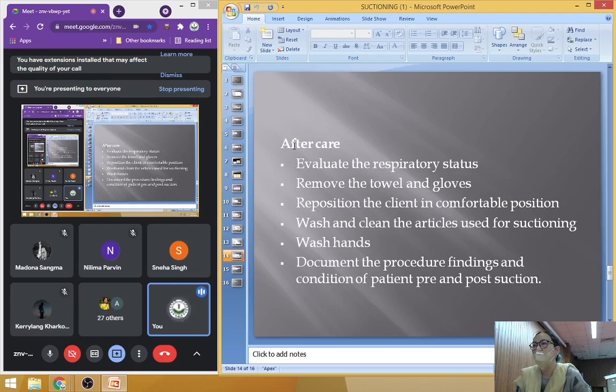Then after care, evaluate the respiratory status, remove the towel and clothes, reposition the client, wash hands and clean the articles used for suctioning. Then document the procedure findings and the condition of the patient pre and post suctioning. So we have to document how the patient was before and after the suctioning.